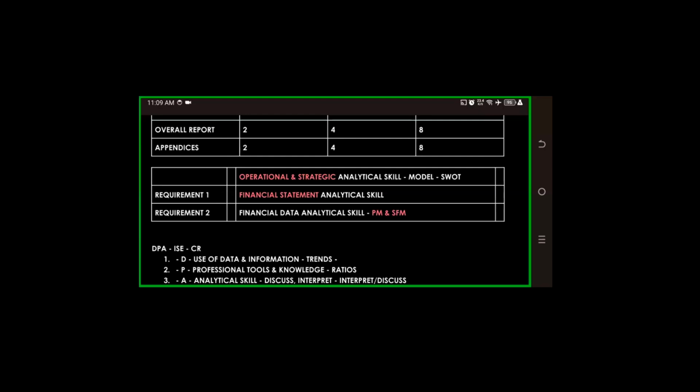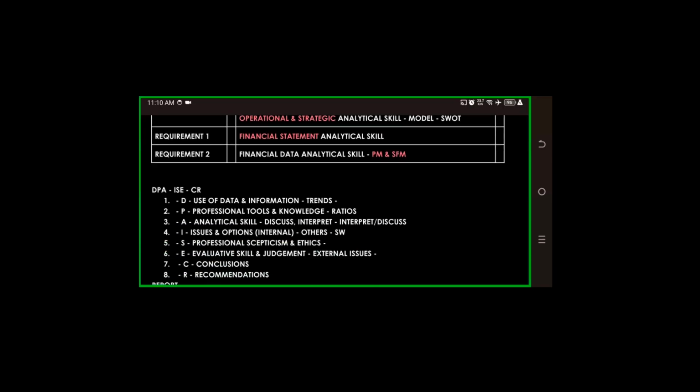And the third analytical skill is the financial data analytical skill. Anytime you hear financial data analytical skill, I want your mind to go to those techniques that you have learned under performance management and strategic financial management.